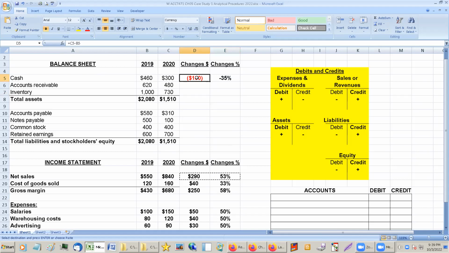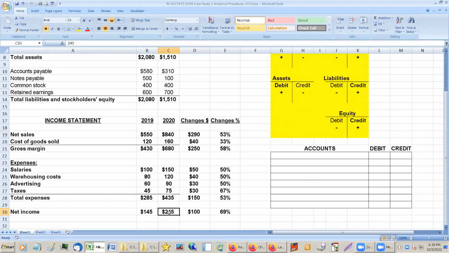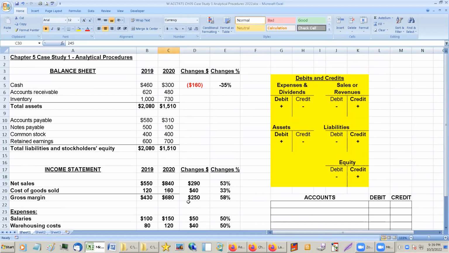Okay, here's our first warning sign. Sales jump up, net income jumps up, cash goes down. That's odd. Even more odd, sales and accounts receivable are linked here.